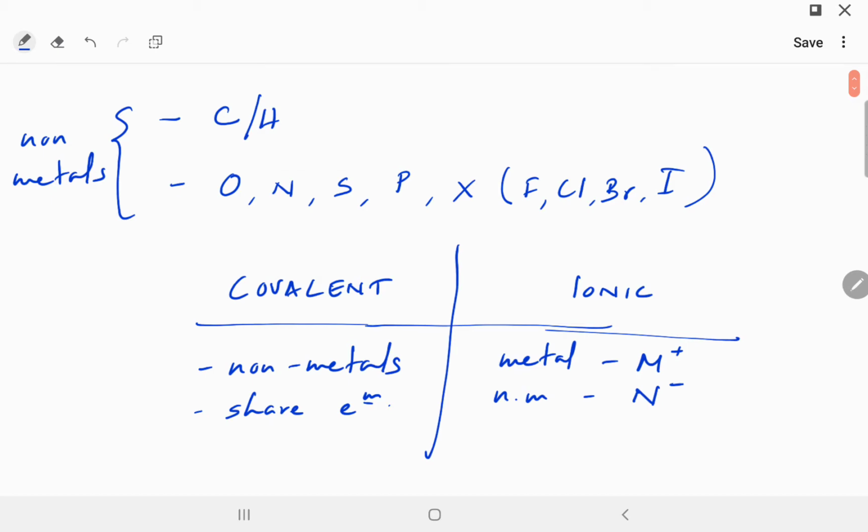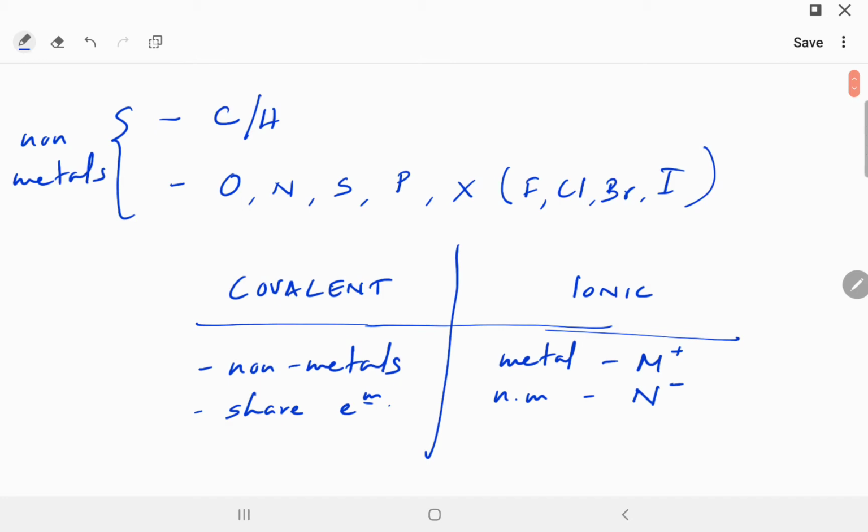So you have a metal cation and non-metal anion in ionic compounds, and they basically interact through electrostatic attractions. So in ionic compounds, one atom is gaining electrons, the other atom is losing electrons, and then they sit next to each other because of the electrostatic interactions. We call them ionic bonds.